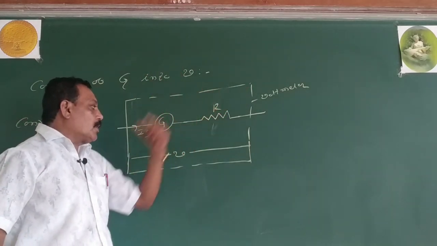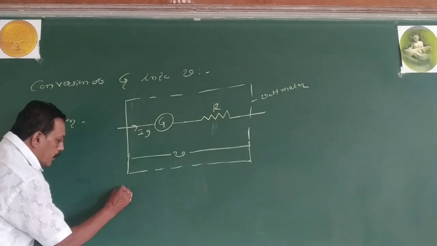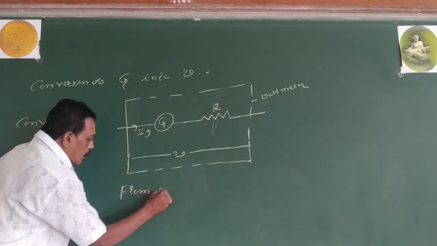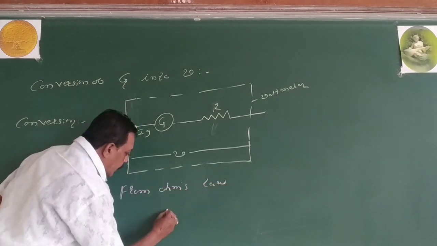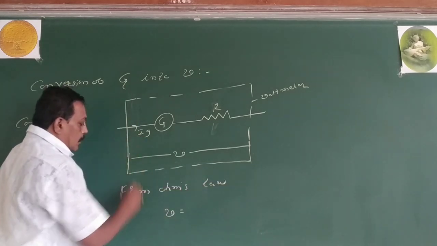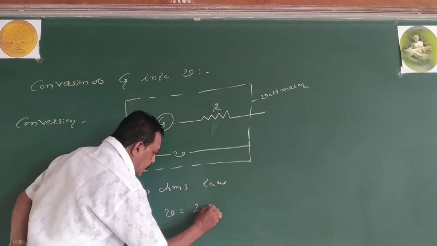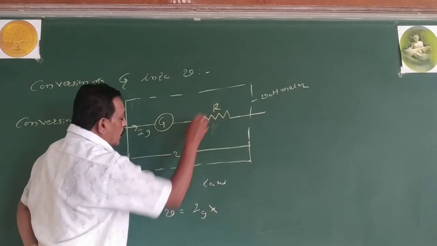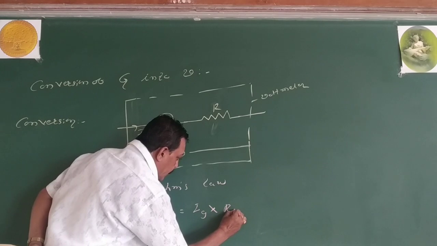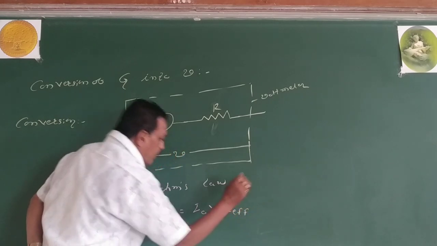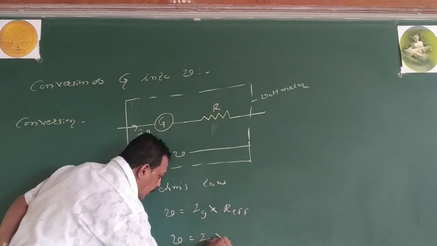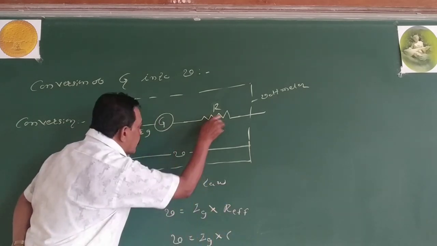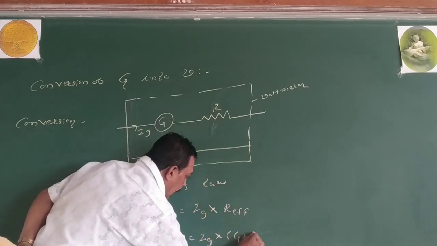I need the value of R. From Ohm's law, potential difference V equals the product of current and resistance. Now these two are in series. R effective is G plus R, so V equals Ig times (G plus R).